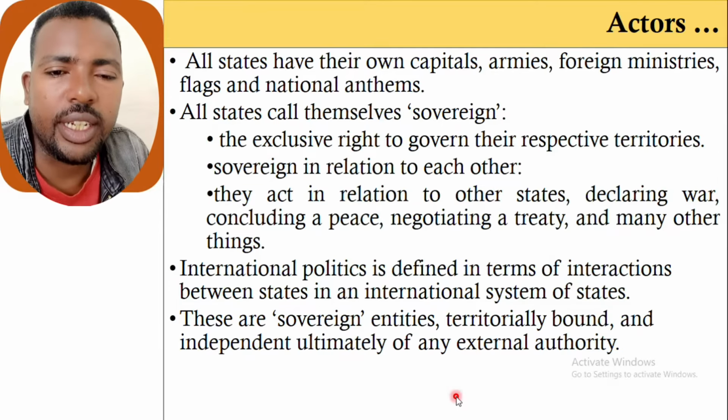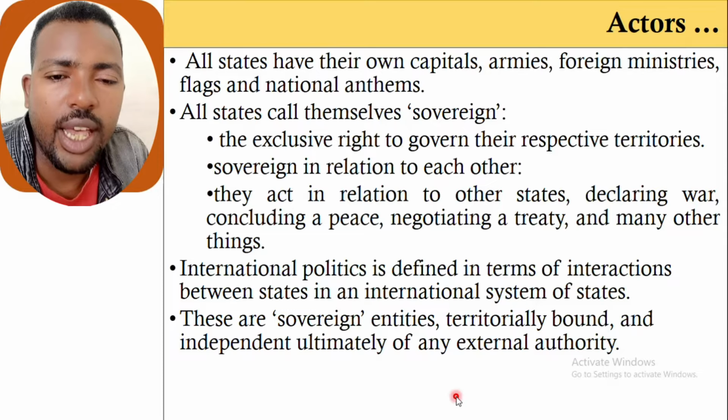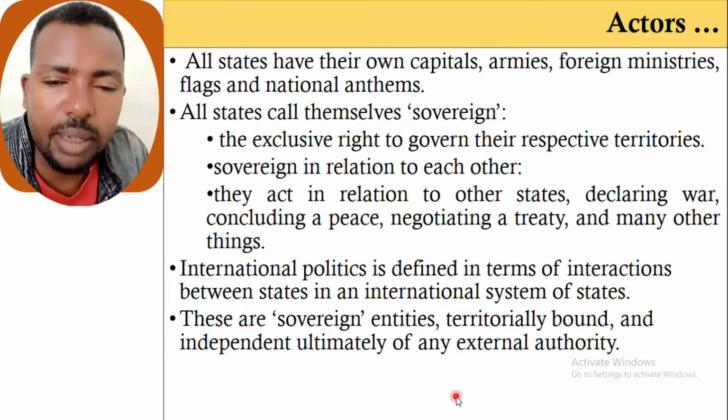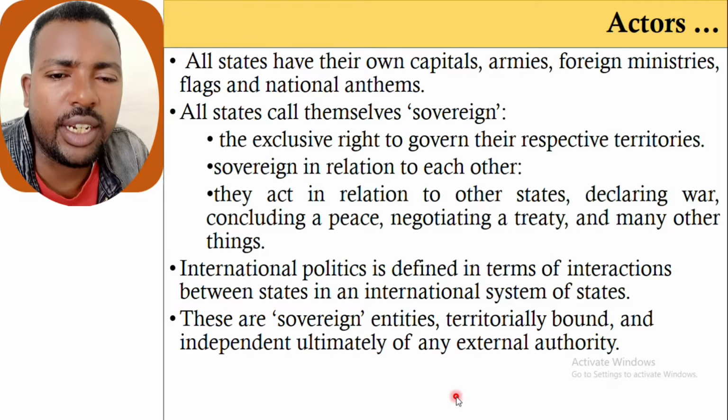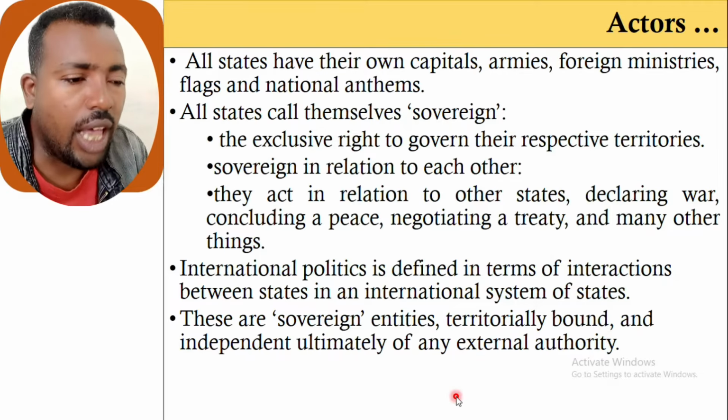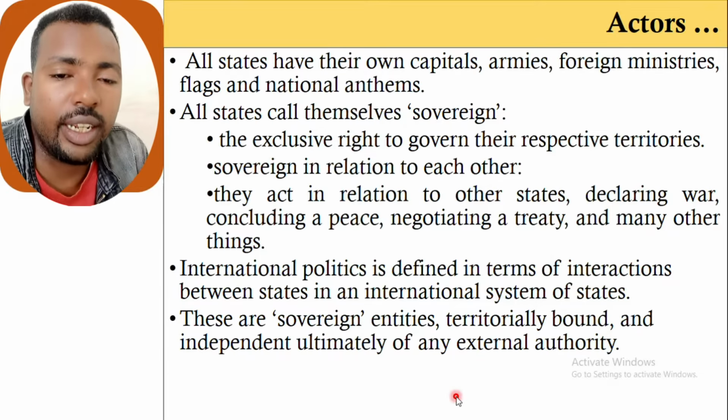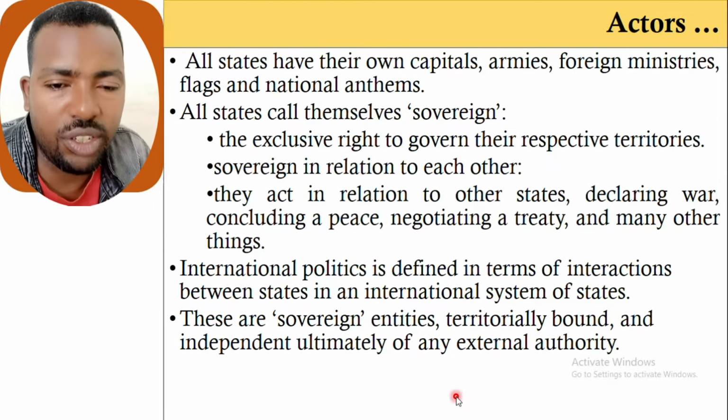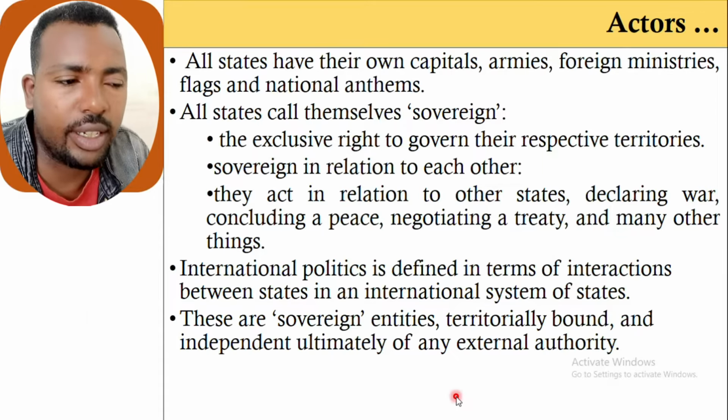In the previous lesson, I talked about sovereignty, which was born at the Westphalian Treaty of 1648, meaning that states are independent of any external intervention and control, and that they are the determinant and designer of their own destiny in the international political system.